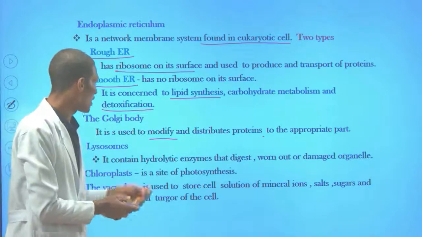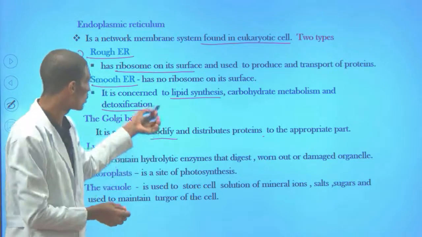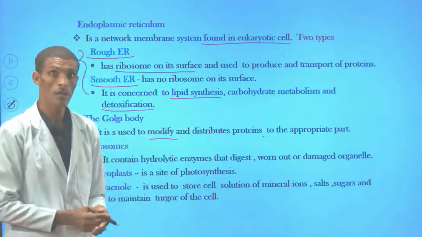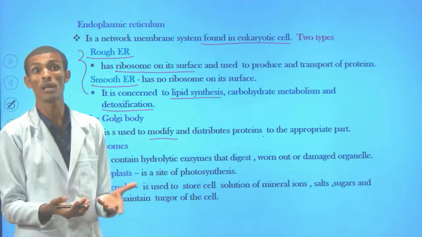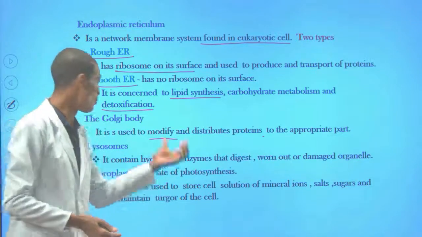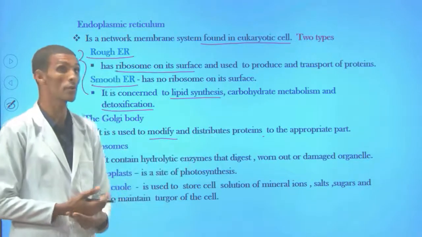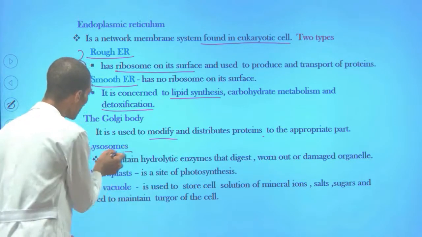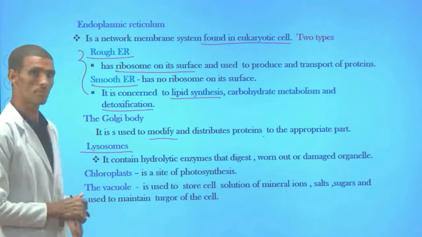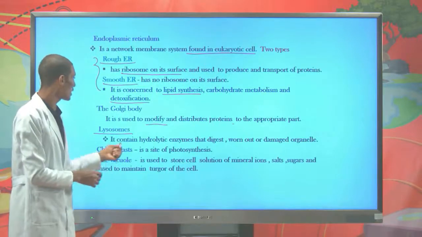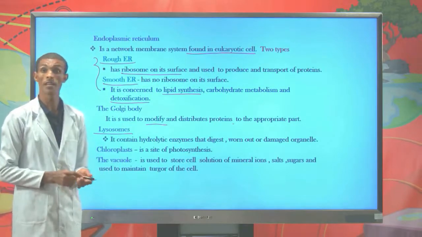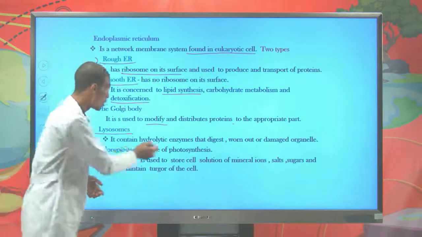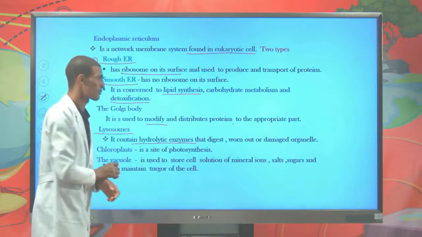For example, if they want to transport protein together with a carbohydrate, firstly they modify it into glycoprotein form, which is the modification and distribution role. Another most important organelle in the cell is lysosome, which is a secretion of the Golgi body, having a digestive enzyme called hydrolytic enzyme.